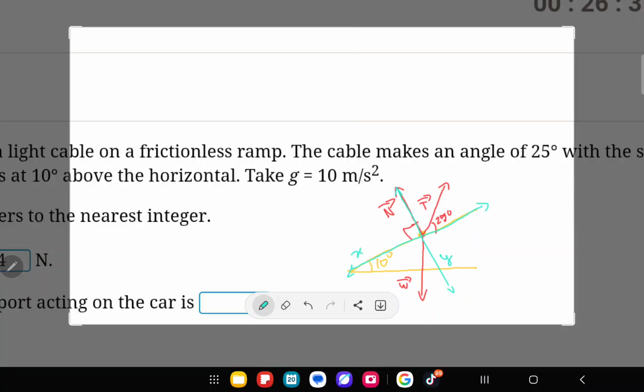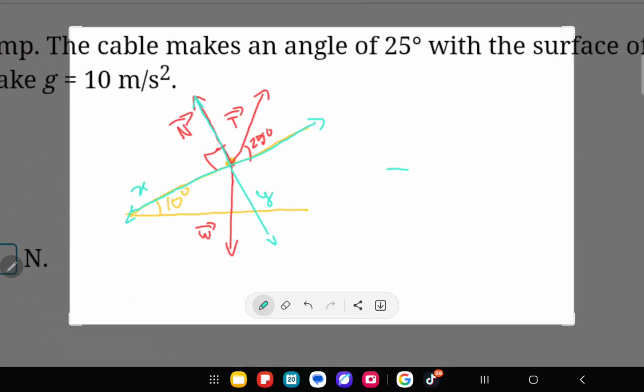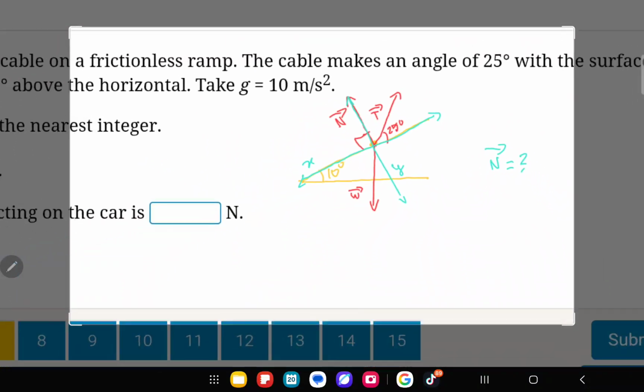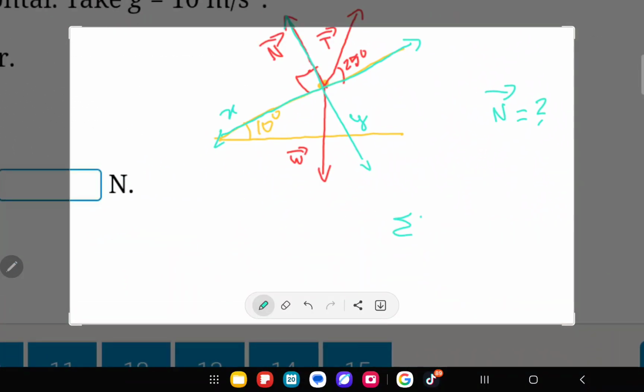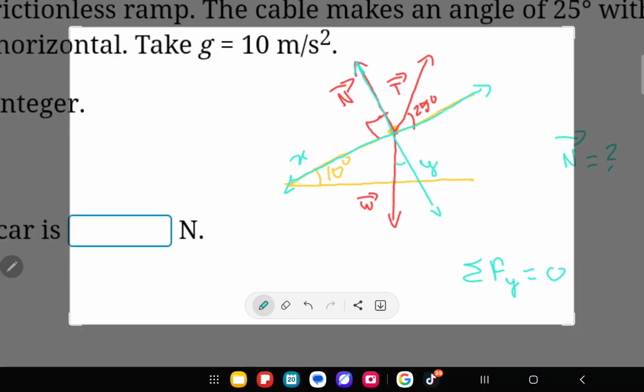Okay, so now this time they want to get the normal reaction. So they want N now. What is N? They don't know. To get N, this time we must use Fy, the sum of y forces is equal to 0. Now, what are the y forces that are applied here? We know that this angle measured over here is 10 degrees, using the theorem of similar triangles.